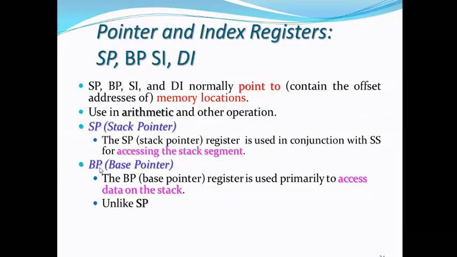Okay. So this is the purpose of the base pointer, and at the last point, they say that the base pointer is unlike the stack pointer. Why do they say it is unlike the stack pointer? That means the function of the base pointer and stack pointer is different. The base pointer is used by the microprocessor just to access data from the stack.